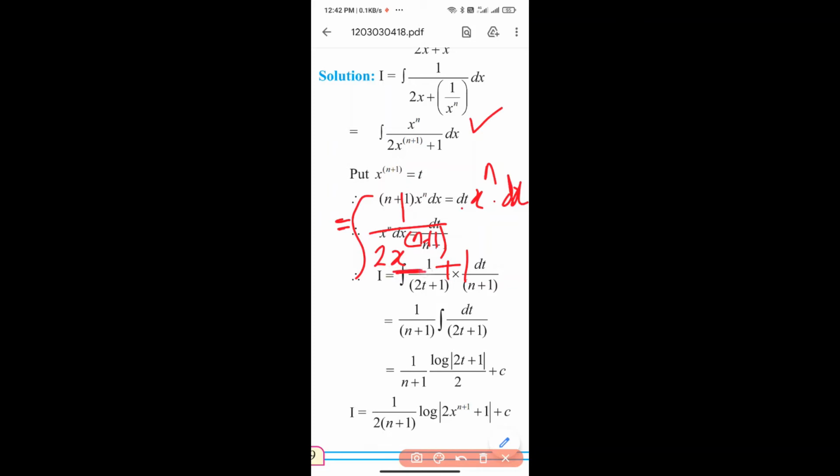I'll try to take a derivative of this. So if t is equal to x raised to n plus 1, derivative of that with respect to x is n plus 1 in bracket x raised to n plus 1 minus 1. So n plus 1 minus 1.